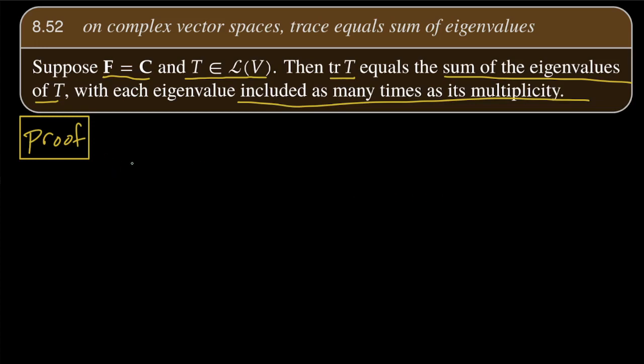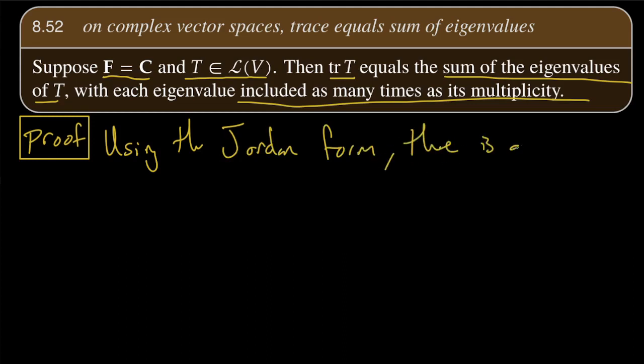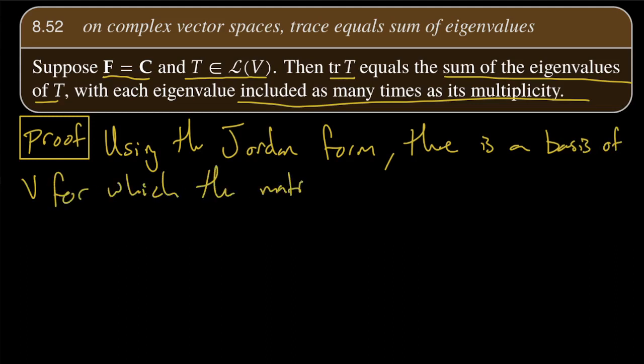Here's the idea. Using the Jordan form, which we saw last time, there is a basis of V for which the matrix of T is upper triangular and has on its diagonal its eigenvalues repeated as many times as its multiplicity. There should be some kind of abbreviation for "there is a basis of V for which the matrix," because we say it so often.